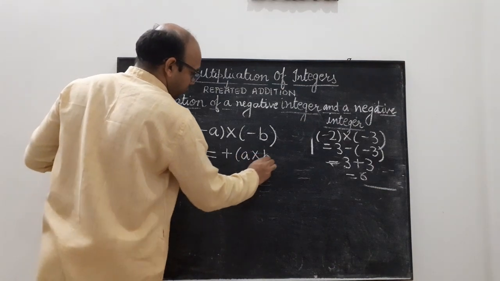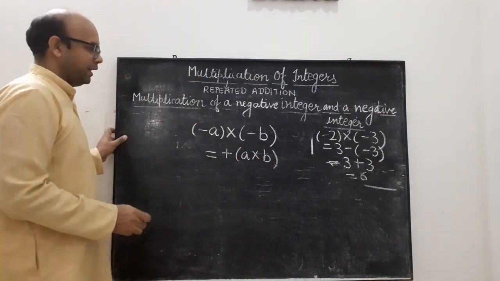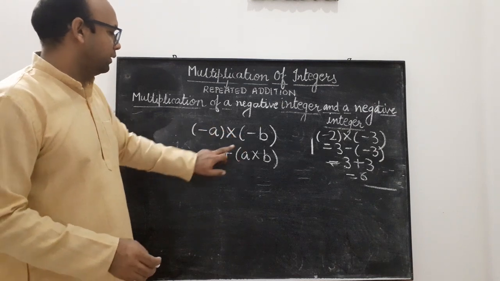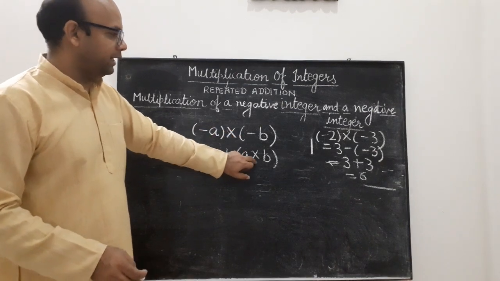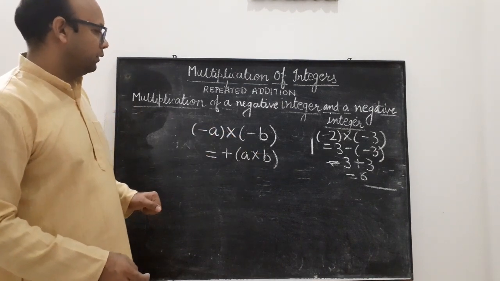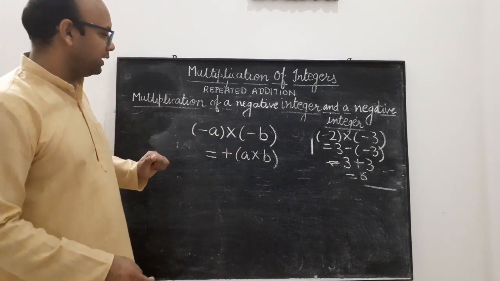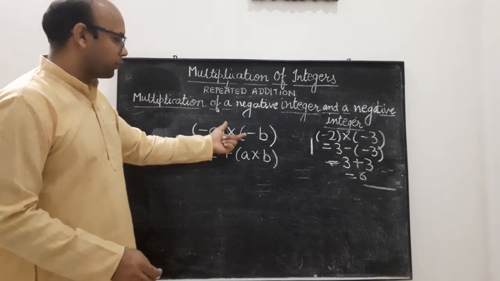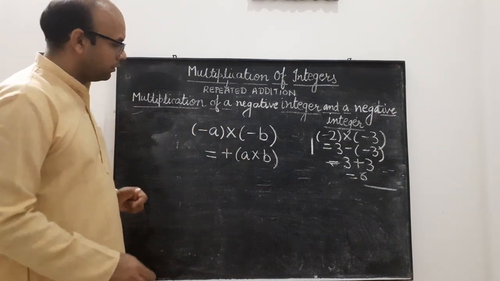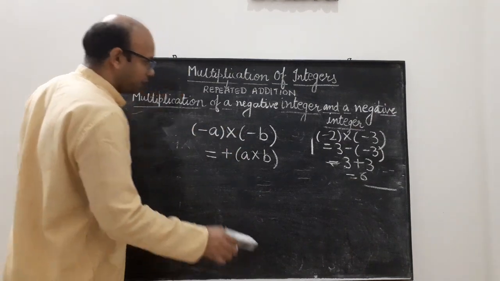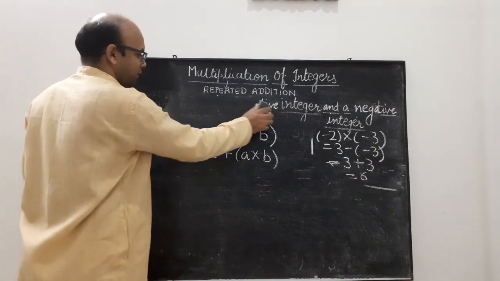So this is what we will be getting. Minus a into minus b is nothing else but a into b. So this is how we will be multiplying the negative integers, that the product will always come out to be positive. We just quickly go through some of the examples.